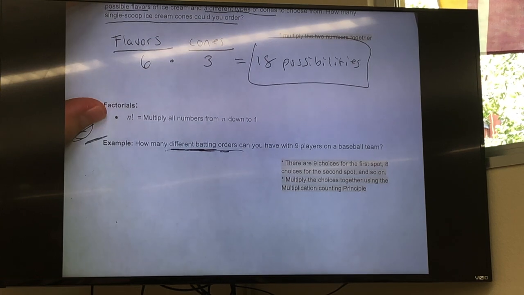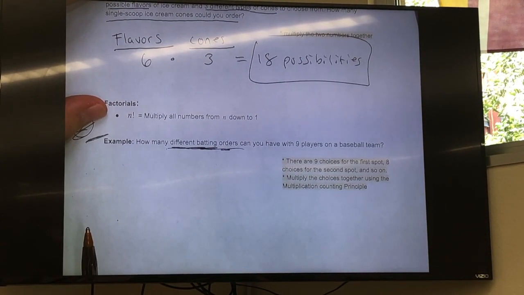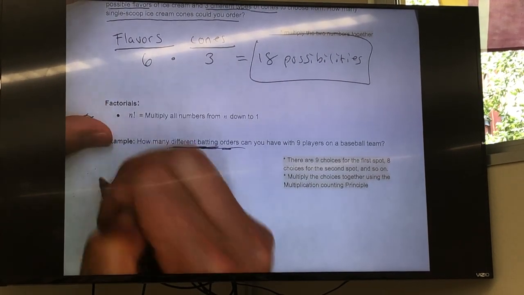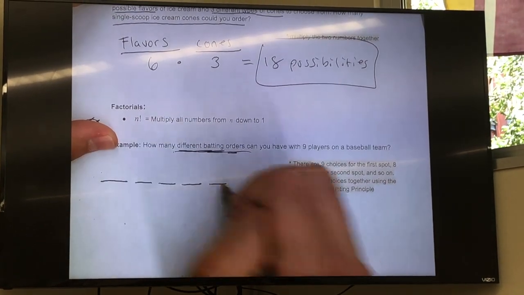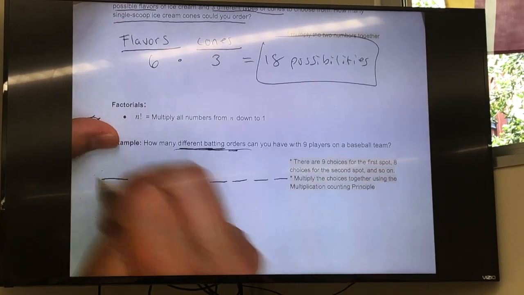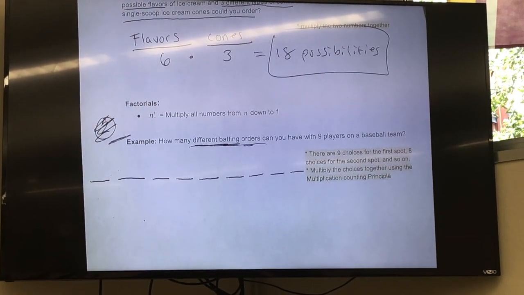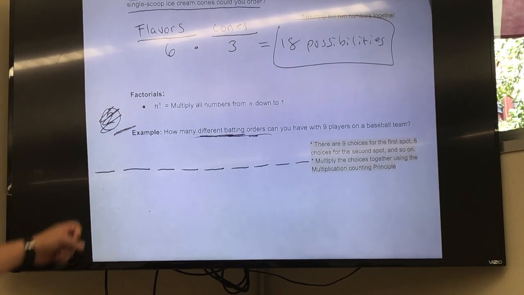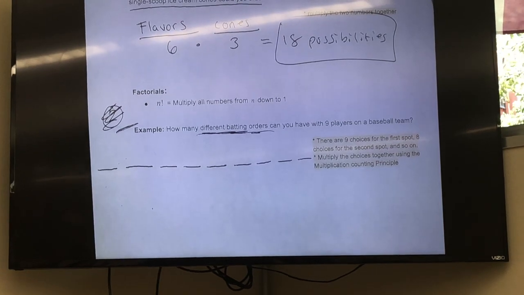So our first example, batting orders. If you play baseball or softball, there are typically 9 batters in a batting lineup, okay? So I have 1, 2, 3, 4, 5, 6, 7, 8, and I'm gonna put the 9th one there. I have 9 slots, okay? So let's say, for example, that on my baseball team this year, let's say Danny Lopez was batting first.